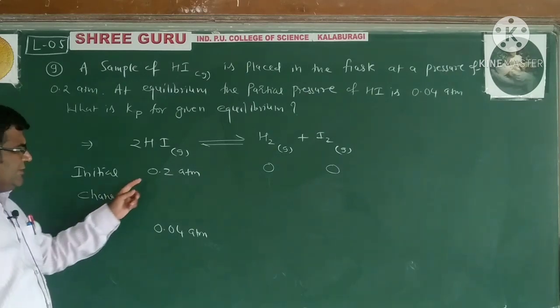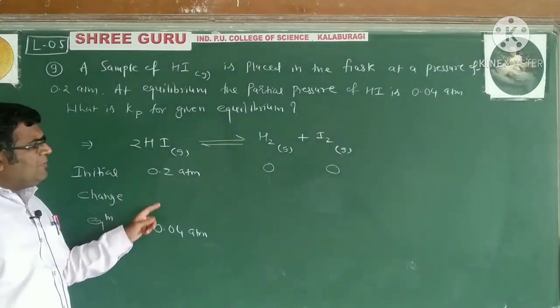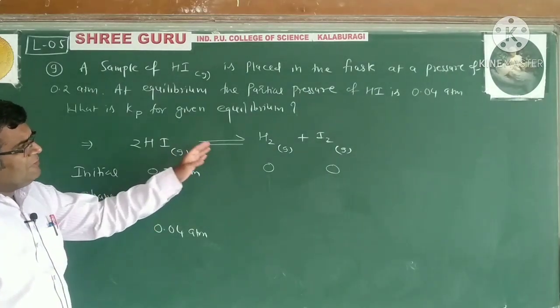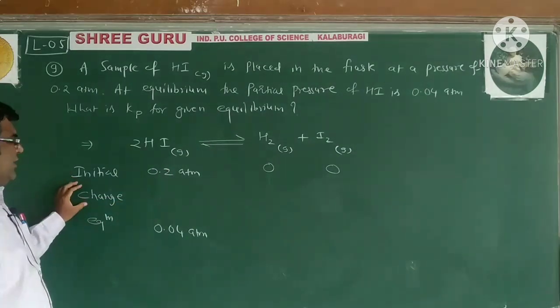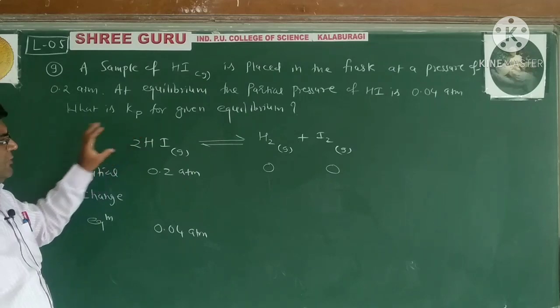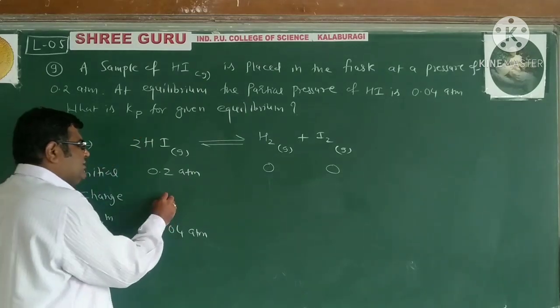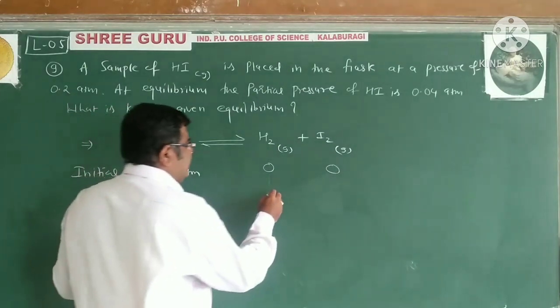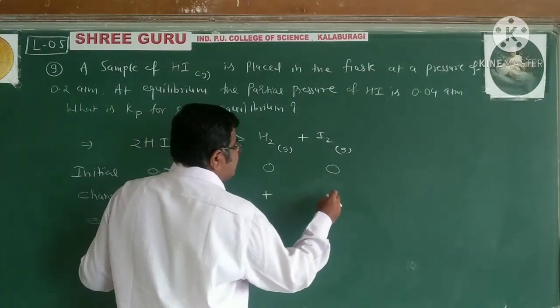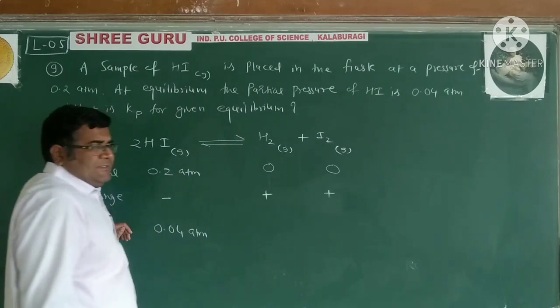It has decreased because hydrogen iodide has been converted into hydrogen and iodine. So the change in hydrogen iodide is negative, and for hydrogen and iodine the concentration increases.